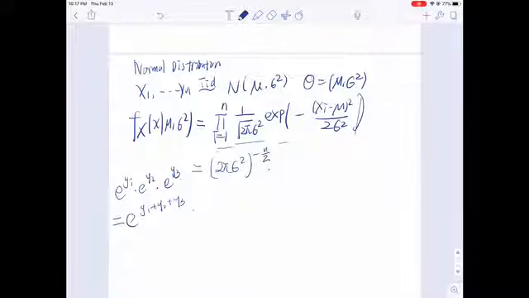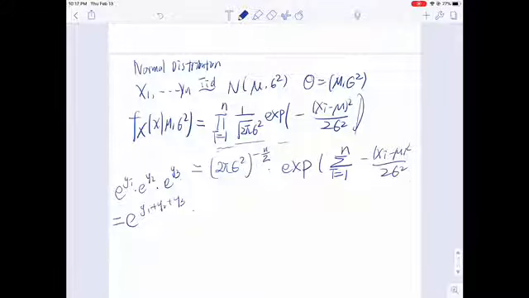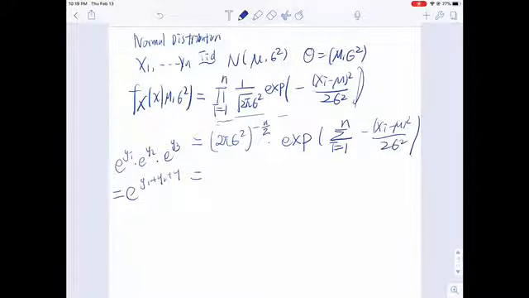So here we can write it as exp of the sum from i equals 1 to n of negative (xi minus mu) squared divided by 2 sigma squared. All the terms have a negative sign, so we can move this negative sign out of the summation.